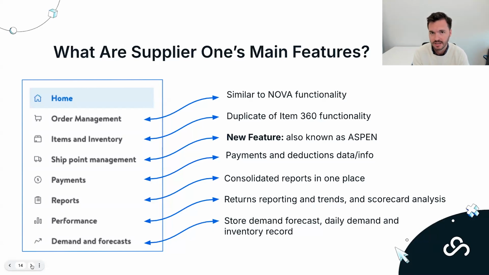That was Aspen in Retail Link, and Aspen itself was a pretty new app in Retail Link, no more than 2 years old or a year and a half old. So this is the rate of change that we're looking at. If SupplierOne is going to become a new hub of all of the essential things for suppliers, then we might see other bigger apps like Nova and APDP get migrated into SupplierOne and Retail Link phased out.